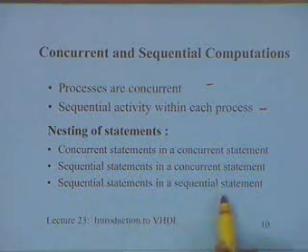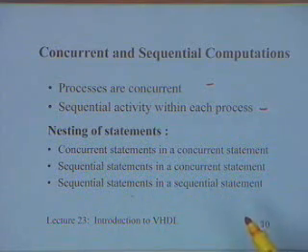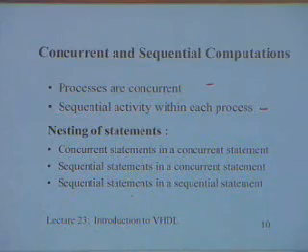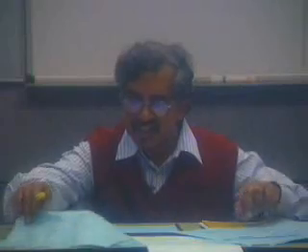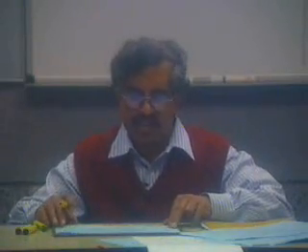You cannot have any concurrent statement within a sequential statement. That's very clear, because that's meaningless. So you have basically processes which are all concurrent, and within that you can have sequential statements. And that also defines what type of hierarchy VHDL supports.